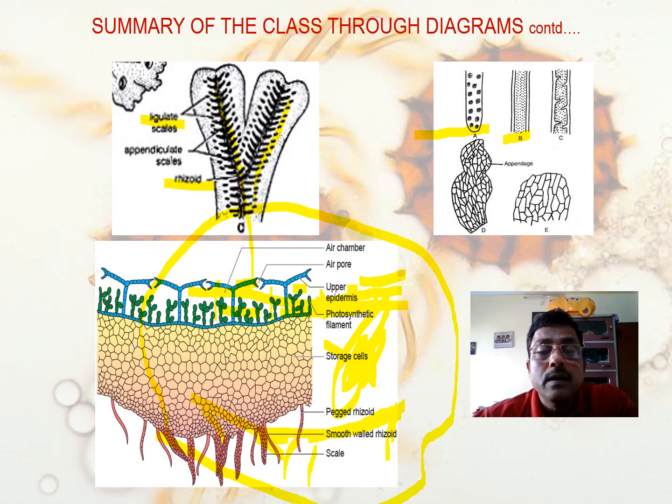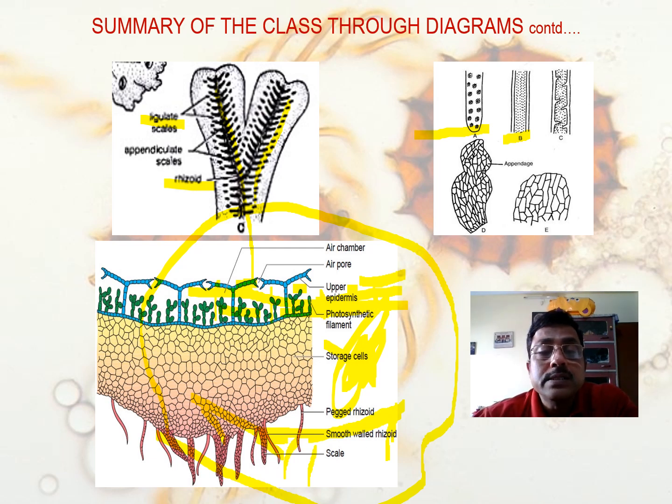Okay, from the floor of each air chamber, or from the floor of the photosynthetic region, these photosynthetic filaments originate. These are the photosynthetic filaments. The filaments may be branched or sometimes unbranched also.